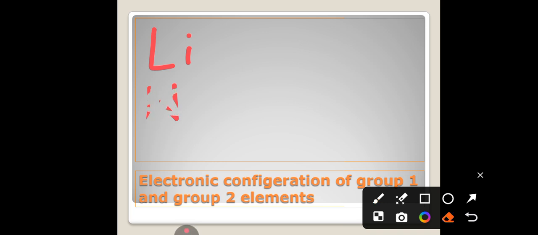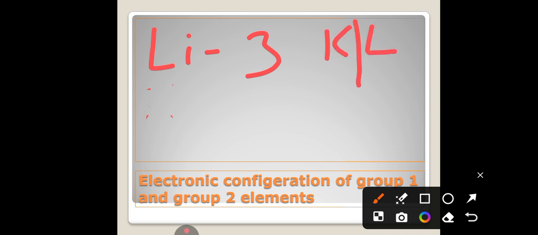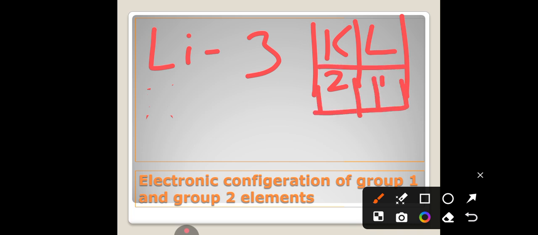Lithium has atomic number 3. When we arrange the electrons in the shells, we arrange them in K and L shell, with 2 electrons in K shell and 1 electron in L shell. So if I have to write down the electronic configuration, it will be 1s2 and 2s1.